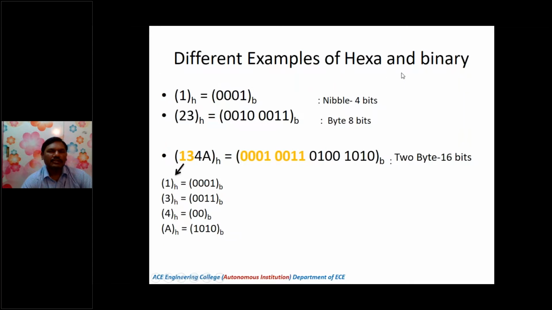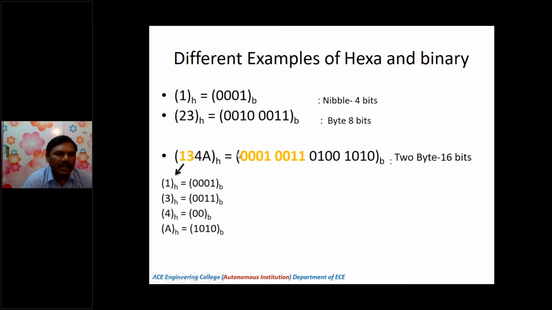Now different examples of hex and binary. 1H is equal to 0001, 2H is equal to 0010, and 3H is 0011, because in hexadecimal we represent each value with its equivalent of 4 bits.